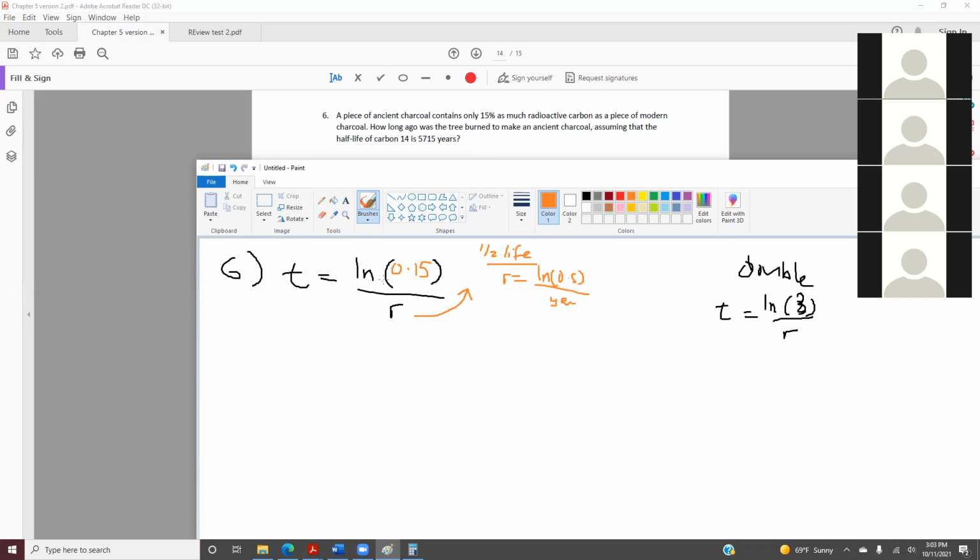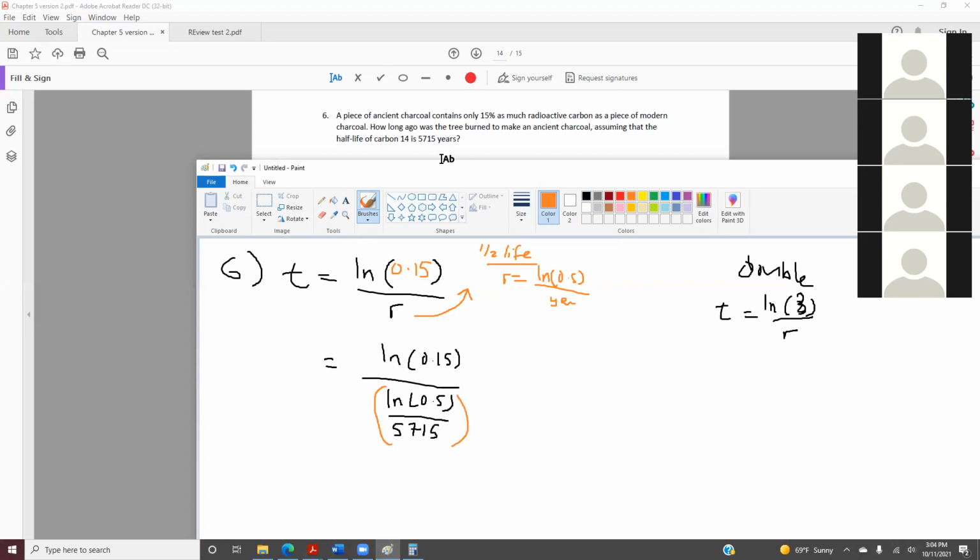So what you do in this case is ln 0.15, because it's 15% left over, divided by ln 0.5, that's the rate, over the years. What's the year? 5,715.